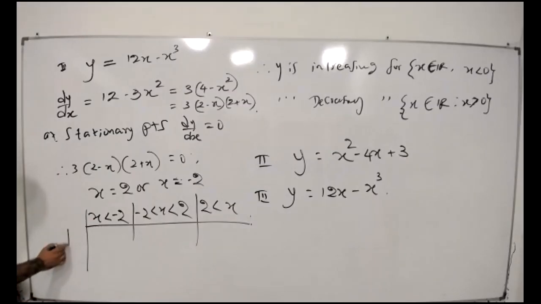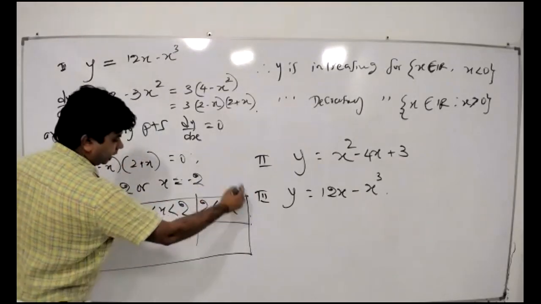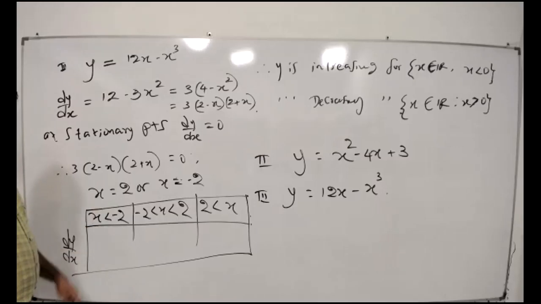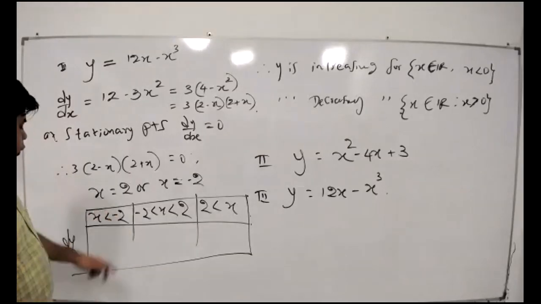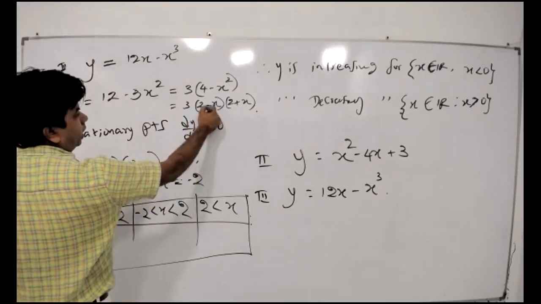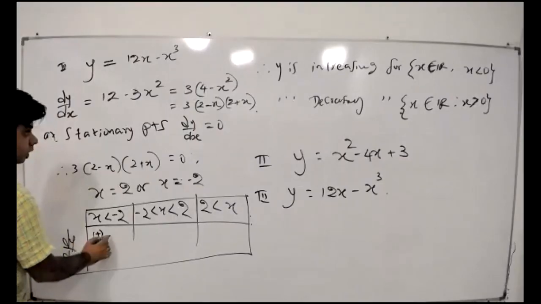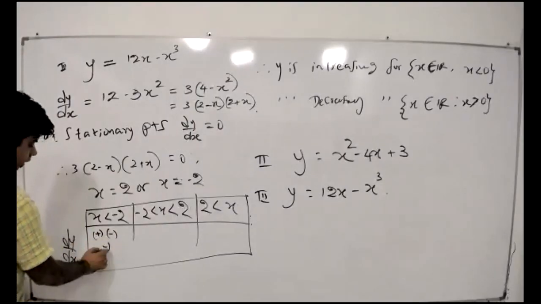Now, please suggest an x value lesser than minus 2. If you put minus 3, 2 minus minus 3 gives plus, but the other factor gives minus. You get minus.